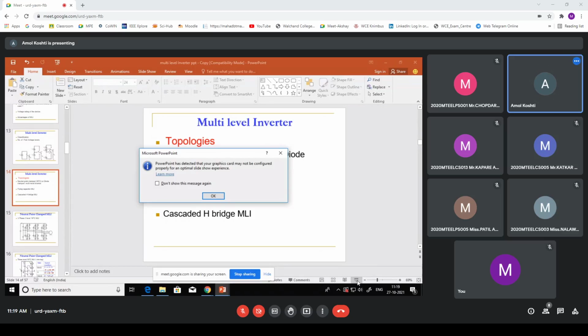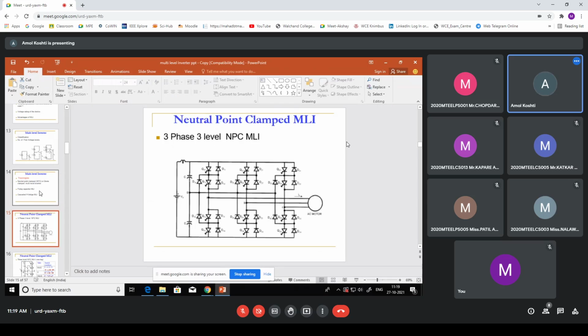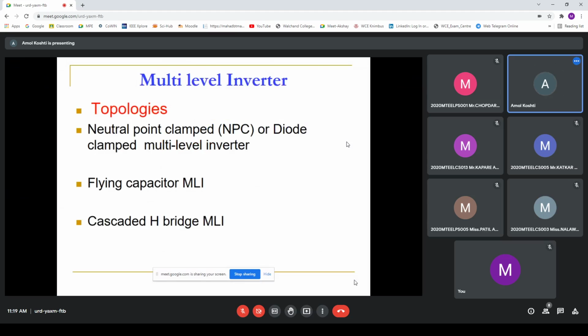Last time we started the second chapter, and this is our third lecture on multi-level inverters. In the last lecture we discussed the significance of the multi-level inverter, why we go for it rather than the two-level inverter, what the advantages are, how the output is produced, and the nature of the output compared to the two-level or conventional inverter.